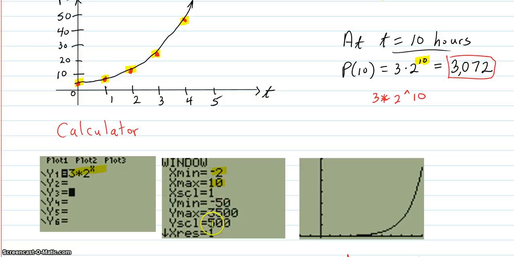I had to cover the 3072 and the 10 that it went up to. It could have gone a little farther. I'm doing the negative and the negative here just to show where the 0 is on the axis. So this is the window I used to get this picture here, and of course this is P of t and t hours.